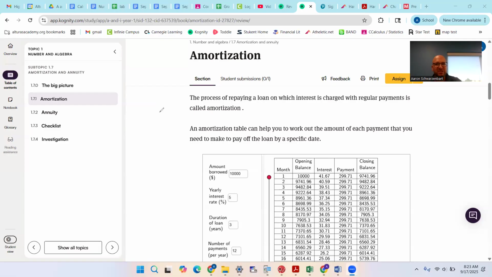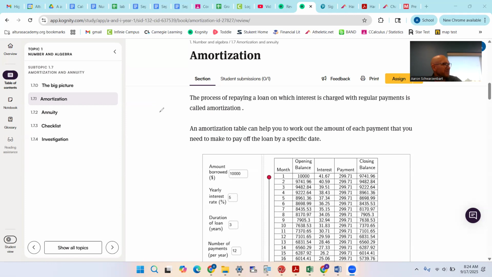So amortization is essentially watching how loan payments or investments go over time. With all the financial math that you've done up to this point, you've said we're going to put an X amount in an account and let it sit for 20 years, never adding to it or subtracting from it.